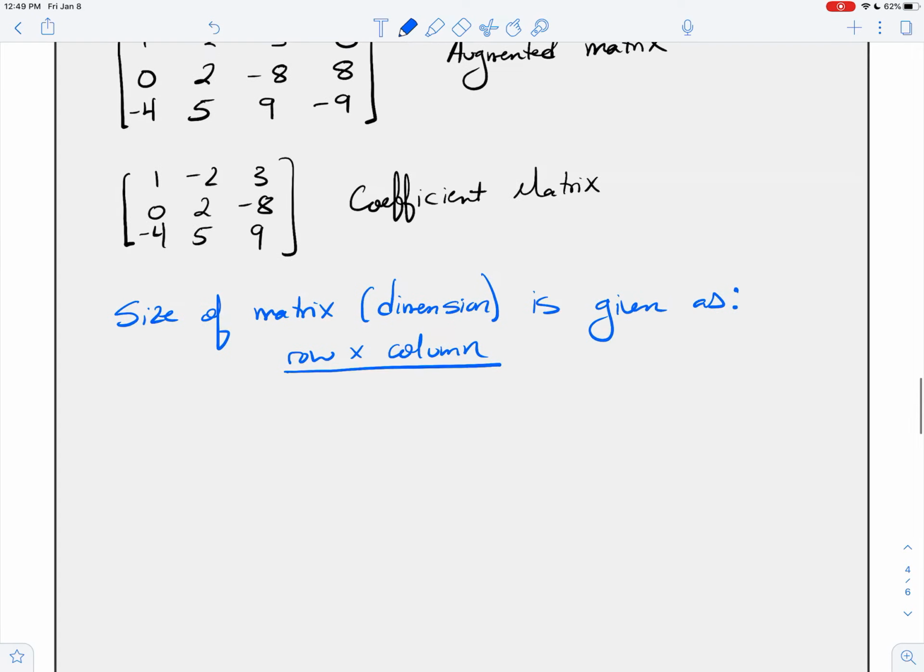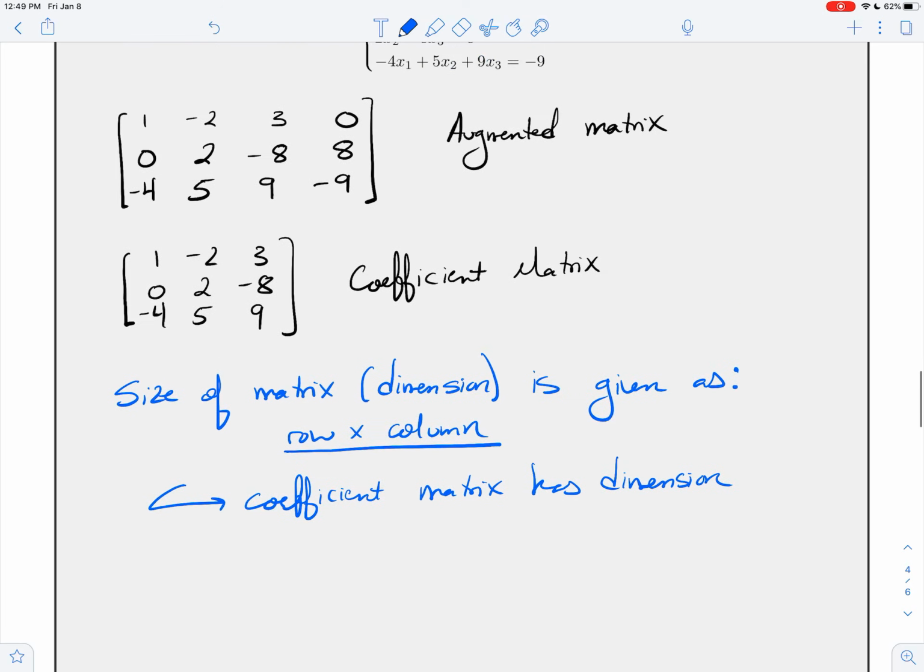Okay, so the coefficient matrix that we talked about above has dimension, well, it's row by column. There are 3 rows and 1, 2, 3, 4 columns. So this thing has dimension 3 by 4.